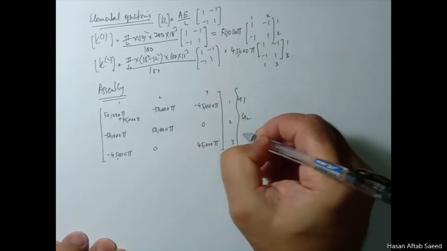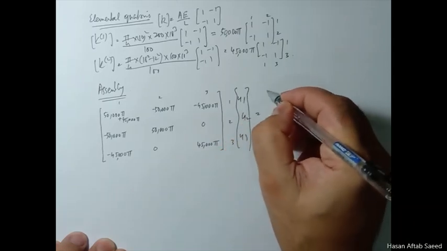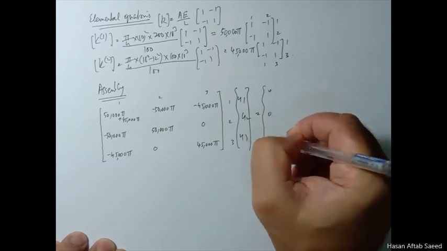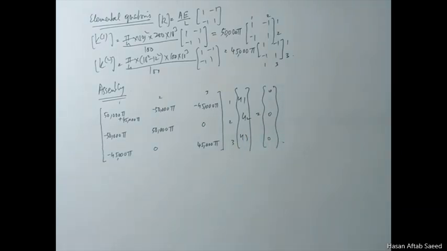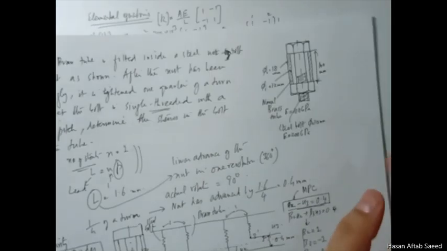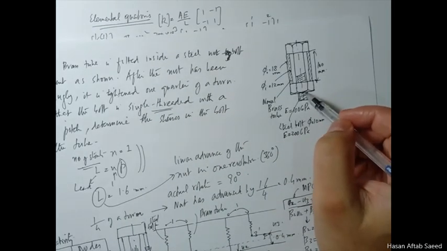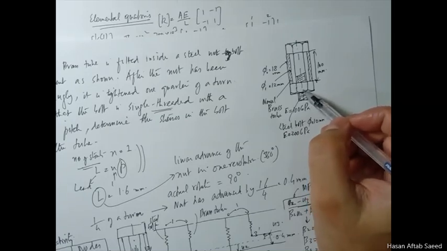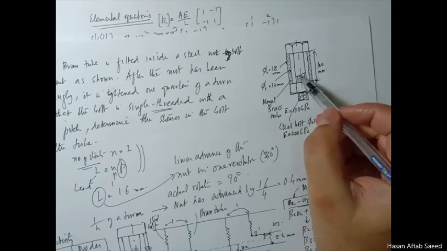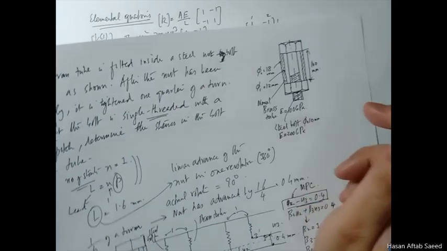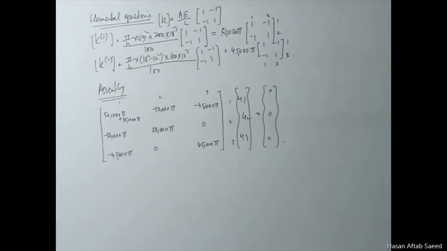Here you have u1 u2 u3 is equal to 0 0 0. As such, no applied forces, at least visibly applied here. Whatever happens because of the boundary conditions, right? Some sort of push is given by this nut to the bolt and the tube, and the force gets applied as a result of that. That will be categorized as a reaction force, not the applied force. And we'll see that.